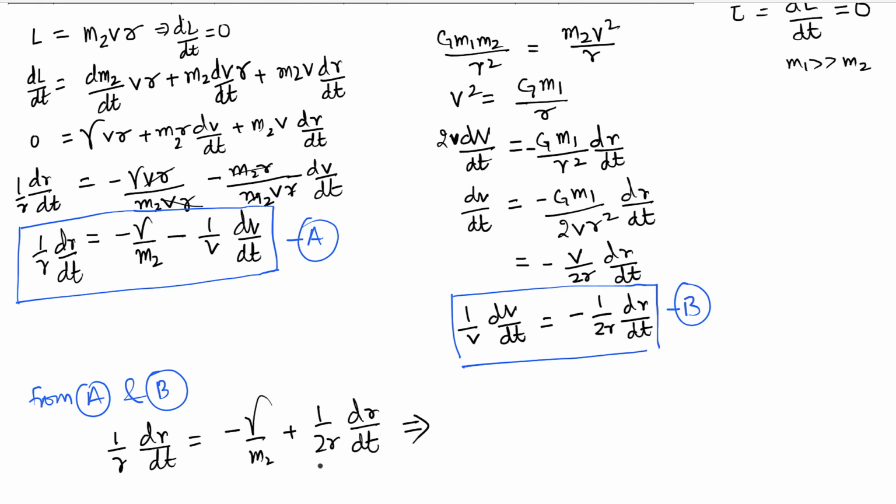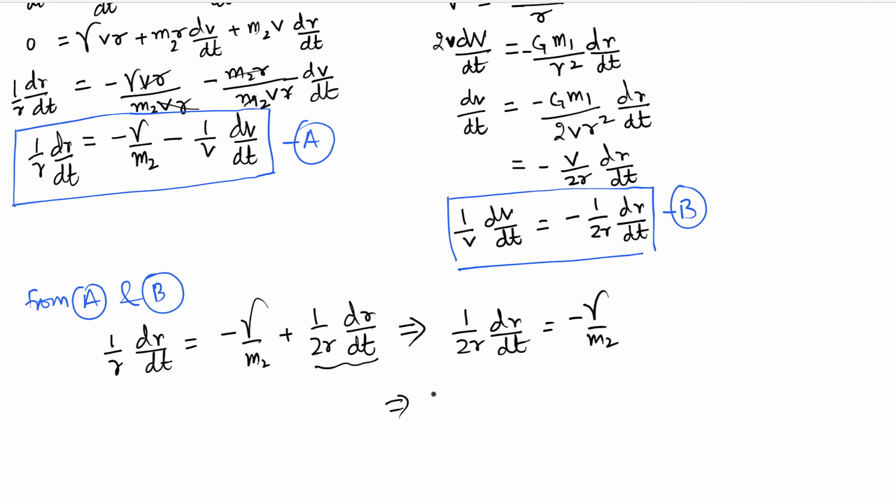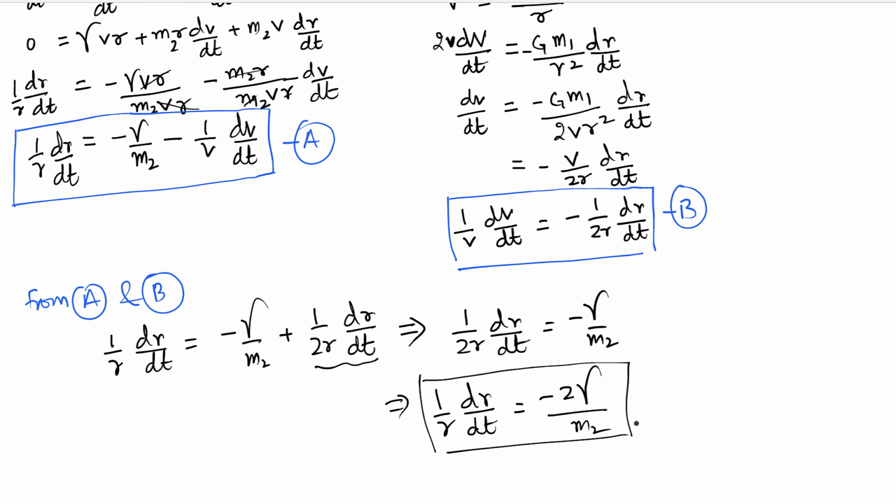That means if we take this whole thing to this side, this will become 1 by 2r dr by dt equals minus gamma by m2, and therefore 1 by r dr by dt is equal to minus 2 gamma by m2. So this is the answer. Option B is the answer here.